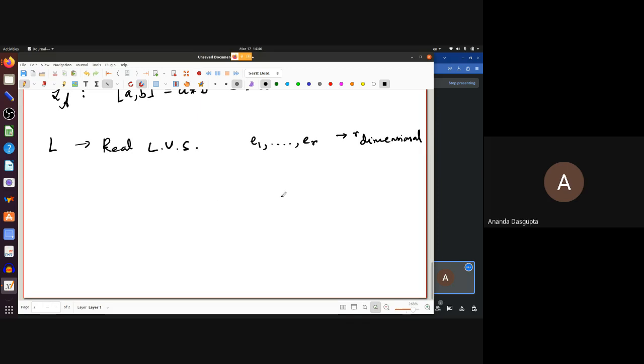Now, once you've chosen a basis, you can talk of the bracket of two of the basis elements. What kind of an object is this? You've taken two basis vectors in the bracket.